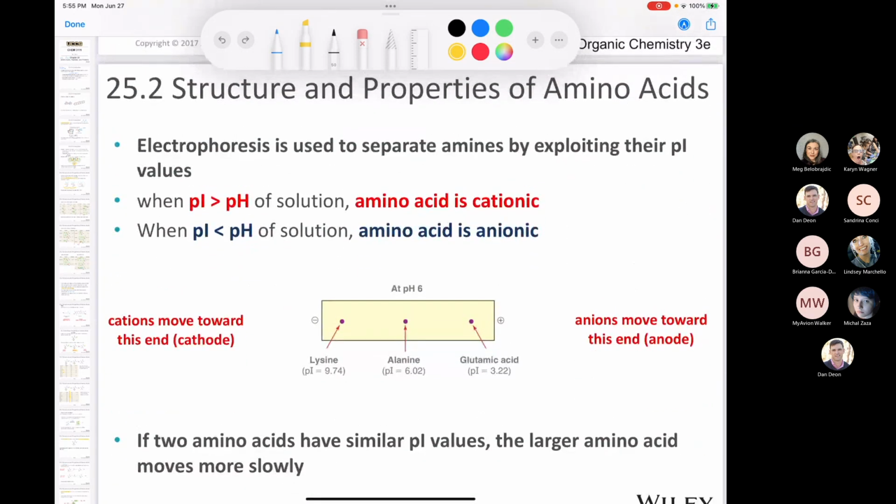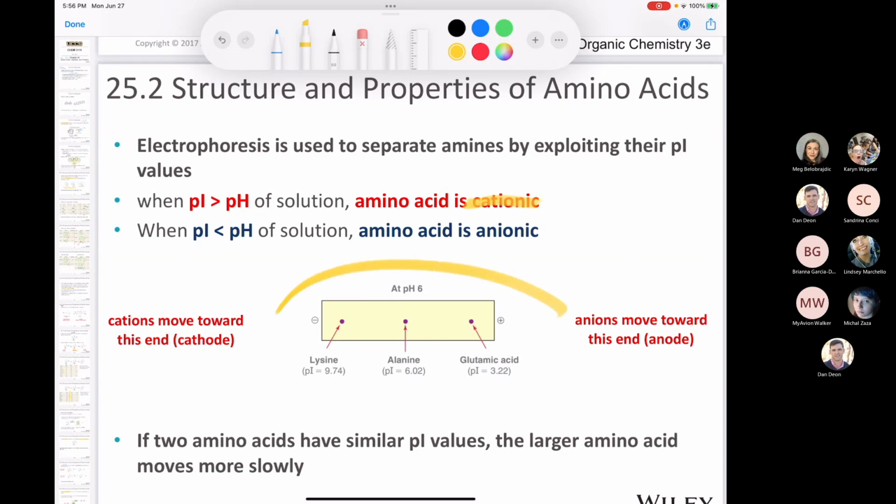So the way that electrophoresis works is it takes advantage of the isoelectric point of amino acids. Think about this. If the isoelectric point of the amino acid is greater than the pH, so that means the pH is lower, then you're in an acidic environment, so it's going to be protonated. That means it's cationic.